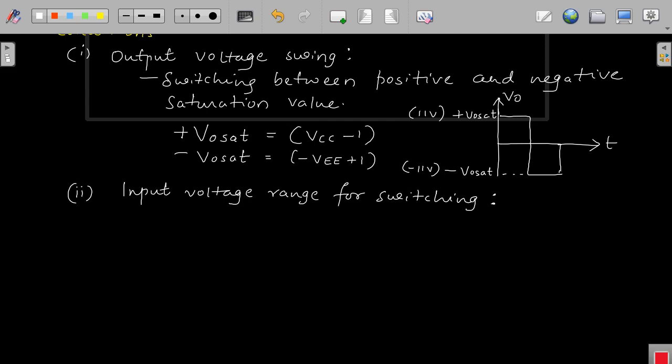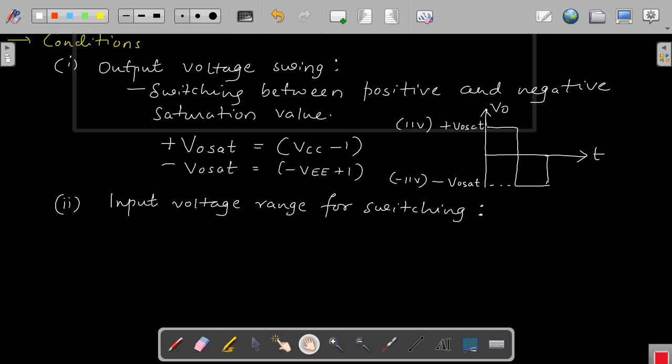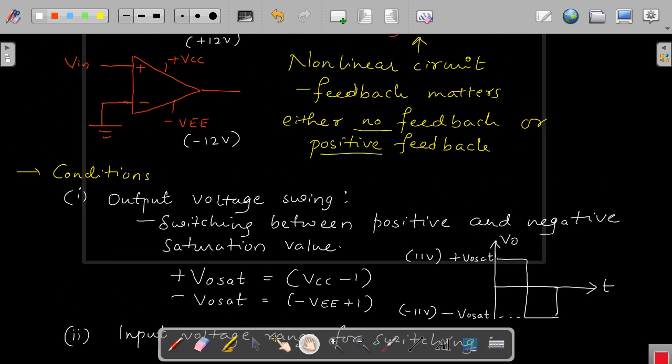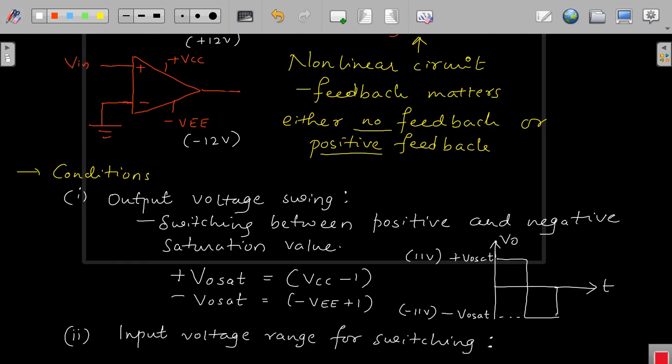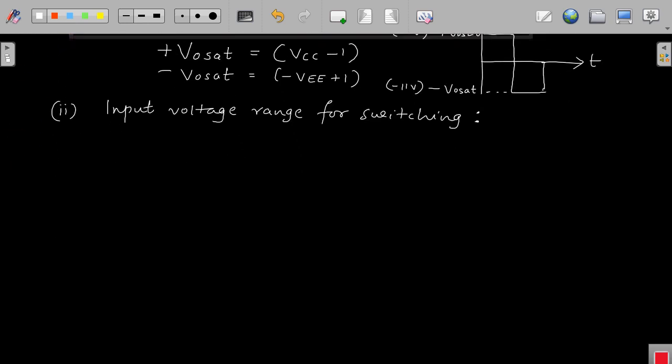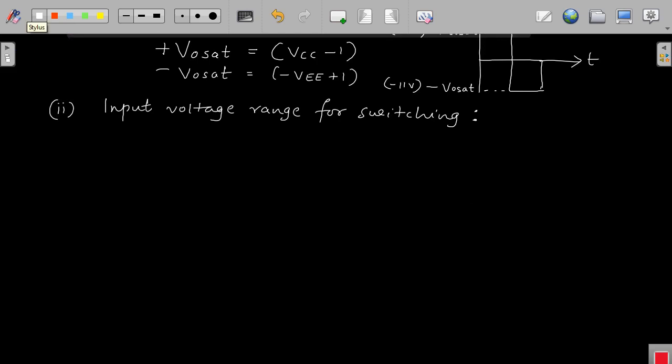So now if you look at this diagram, we apply some voltage here, and we have, of course, the other voltage as 0. So solely this voltage will decide between what values the output switching takes place. So this input voltage level we are trying to find out here, the input voltage range for the output to swing.